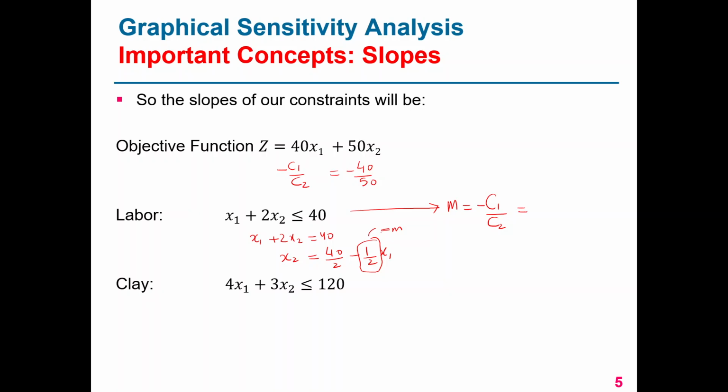In this case the coefficient of x1 is 1 and the coefficient of x2 is 2. The slope is minus 1 by 2. So applying the same formula here, the slope will be minus 4 by 3. So these slopes will come in handy when we discuss the sensitivity analysis.